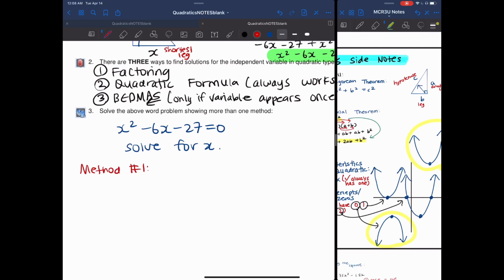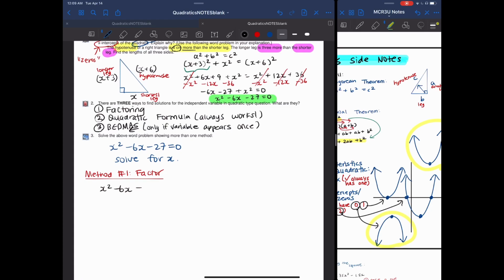Reminder, you're trying to factor. Okay, so I'm going to write x squared minus 6x minus 27 equals 0. Okay, factoring.